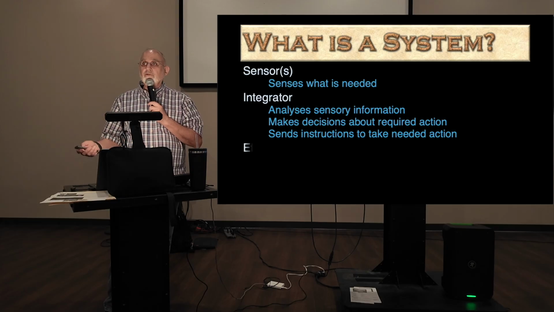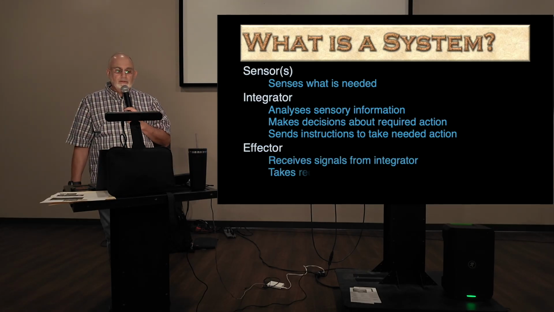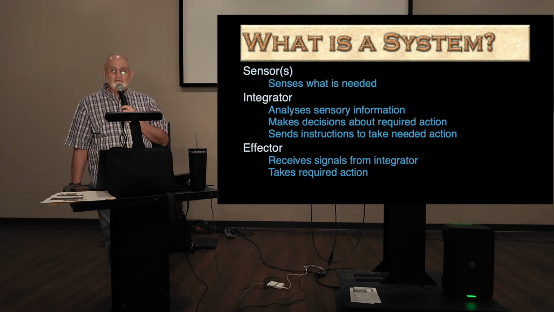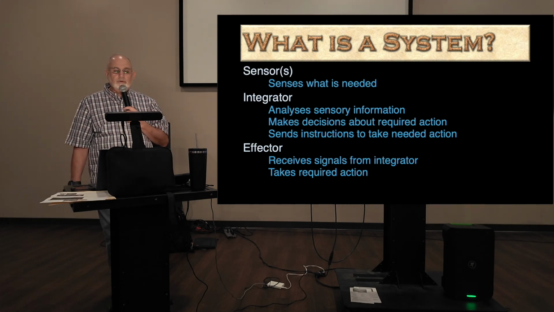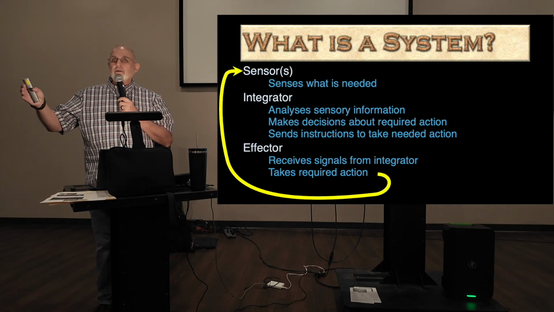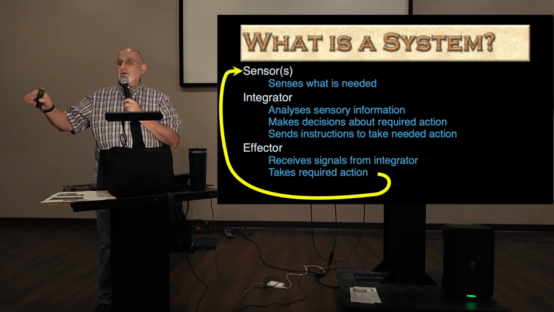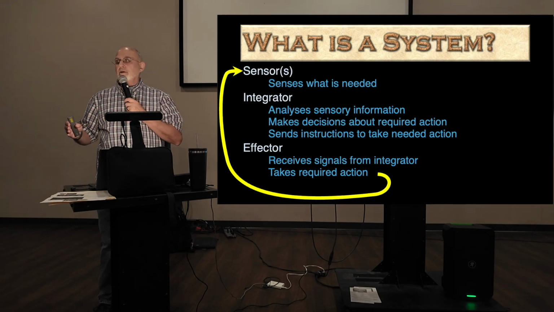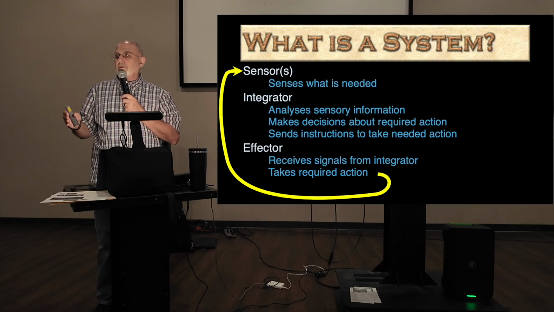And this is how systems engineers think about it. The effector receives signals from the integrator and takes the required action. So basically, it's then a feedback loop. So you sense something's wrong, you tell somebody you got to do something about it, they do something about it, and then you evaluate their work. There's going to be a check. There's going to be a test on this.